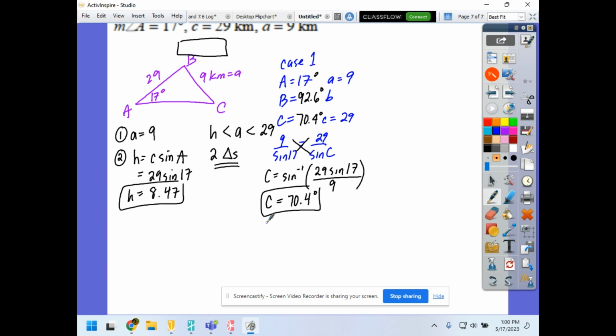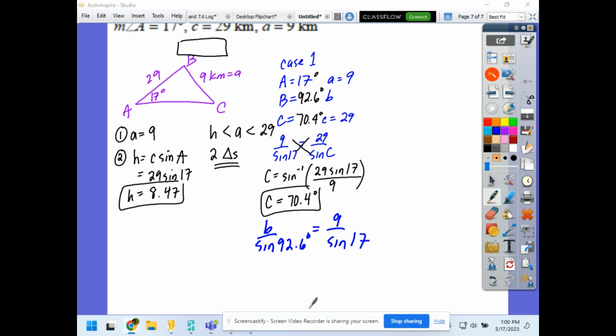Now we can find side B. Just punch it in the calculator.